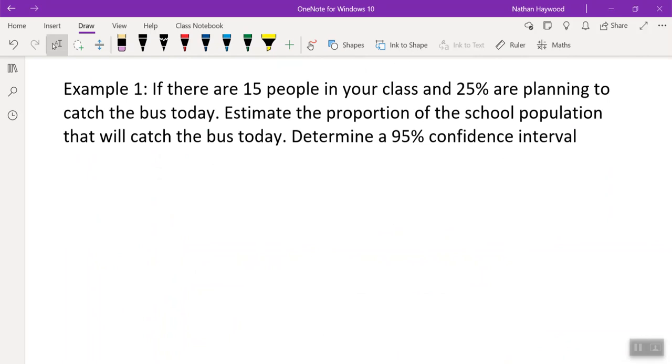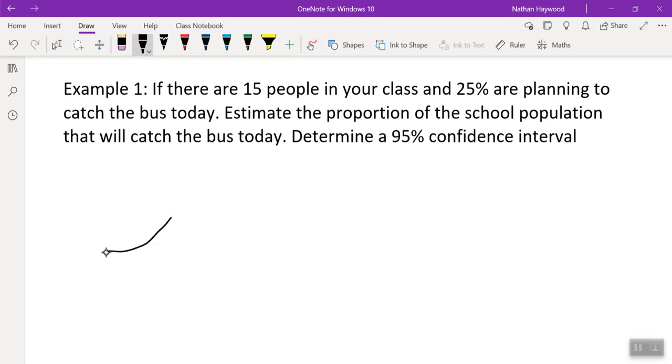So if I survey you guys, 15 people in the class, and 25% are planning to catch the bus today, estimate the proportion of the rest of the school population that will catch the bus today. So I want to be 95% confident within that range that these people are going to catch the bus or not. So the first step is figuring out that z-score.